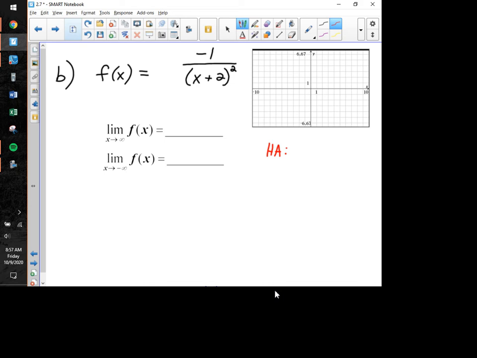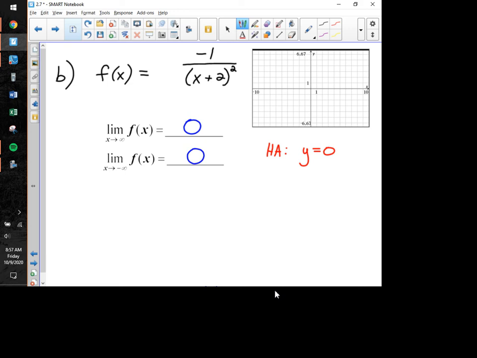And in a bottom-heavy function, you always have a horizontal asymptote at y equals 0. That right there, guys, if you think you know what's going on with a rational function, really should be the answer to this question. I think we're going to get this approaching a y value of 0 here as we move to the right, and the same thing should happen over here to the left.